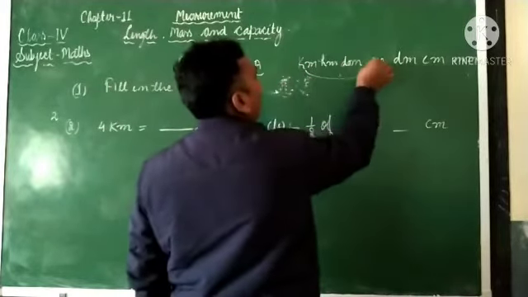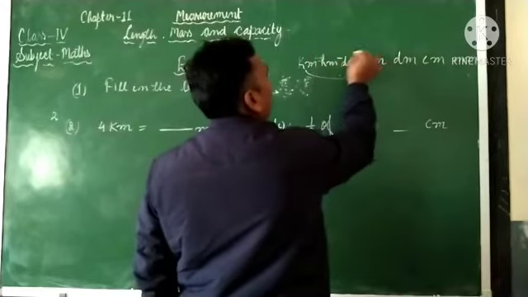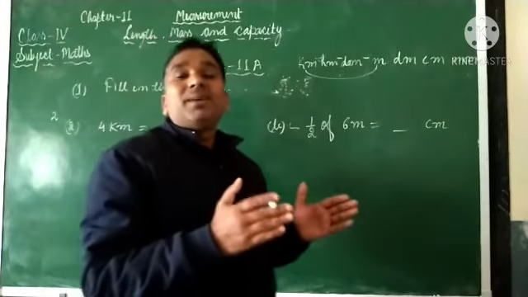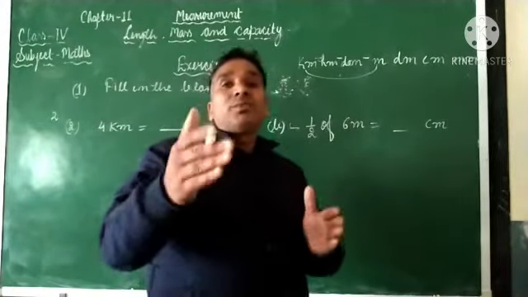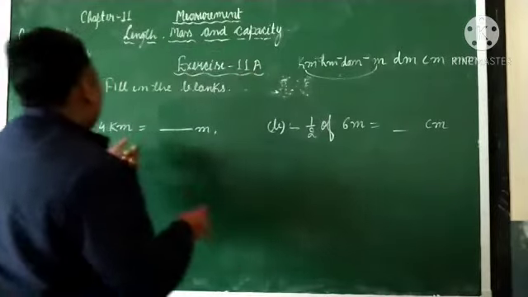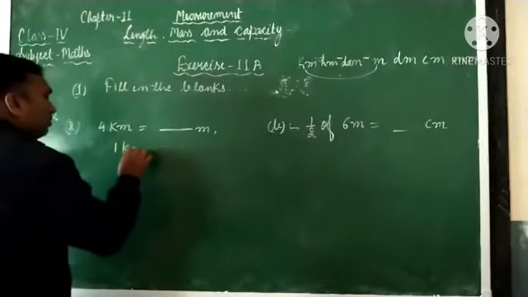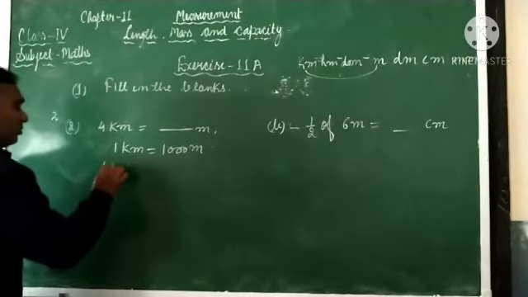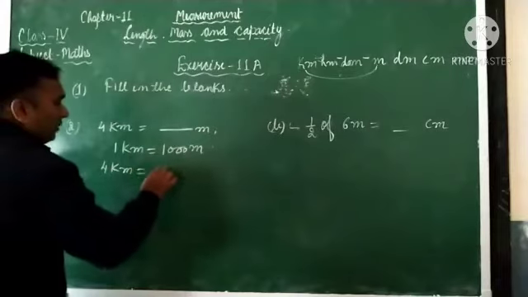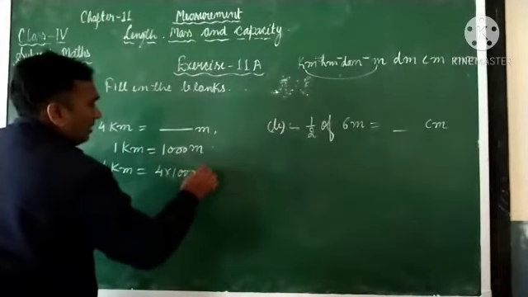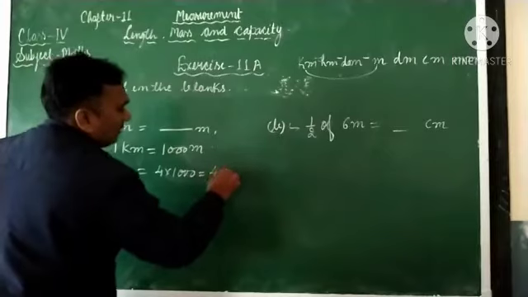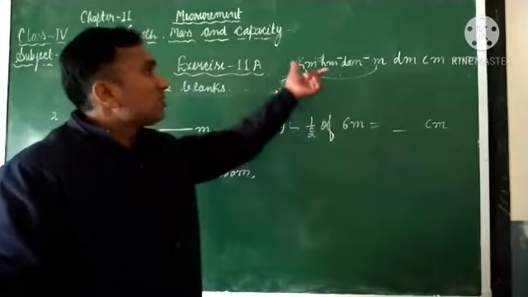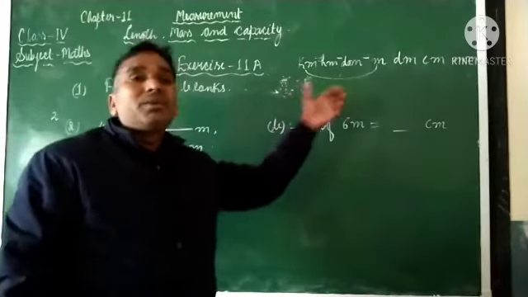How many skips are there? 1, 2, 3. It means you multiply by 10 three times, 10 into 10 into 10, that is 1000. So 1 km equals 1000 meter. Therefore 4 km equals 4 into 1000, that is 4000 meter. No need to learn, just understand how to convert units.